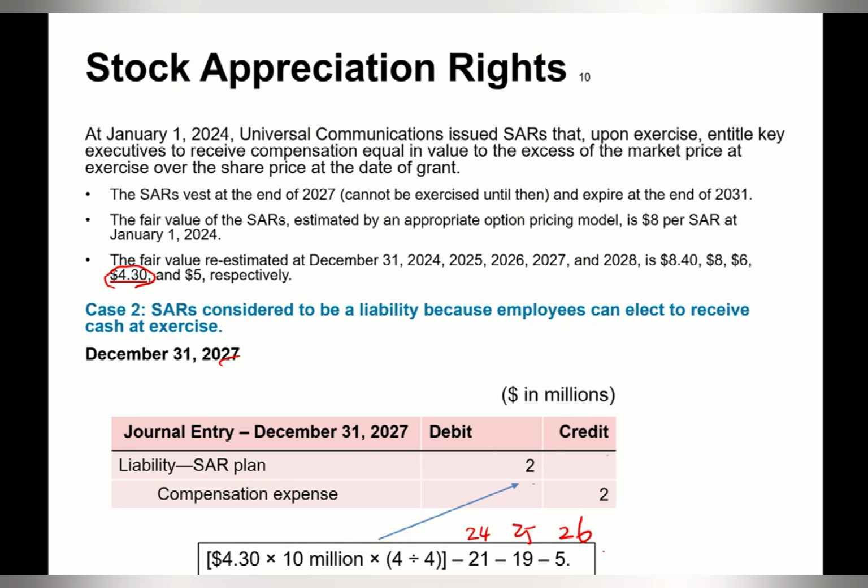We found it's negative 2. It's negative 2. What does that mean? It means we have to reverse what we recognized in previous years. So compensation expense this time is reduced by 2 because it's negative 2, and the liability is also reduced by 2 in 27.